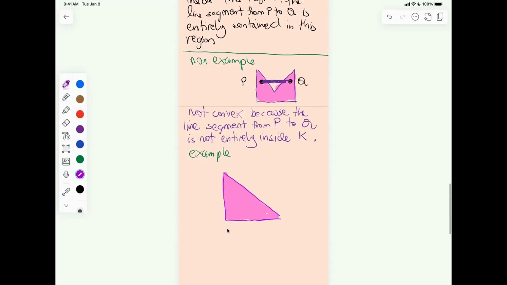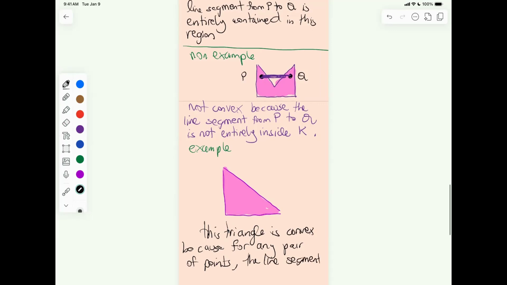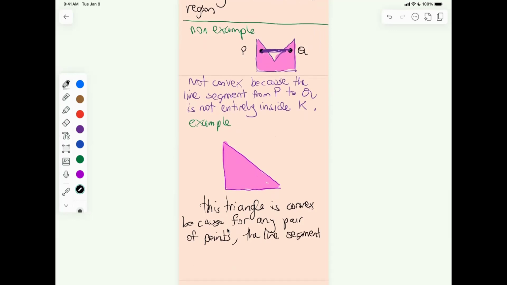So this triangle is convex, because for any pair of points, the line segment is inside the triangle.